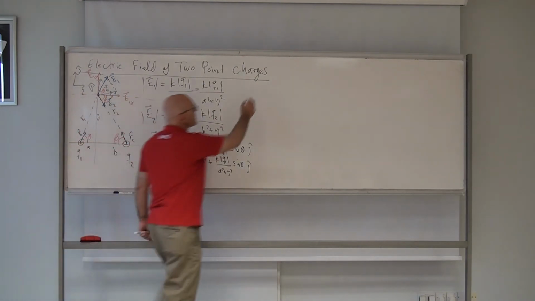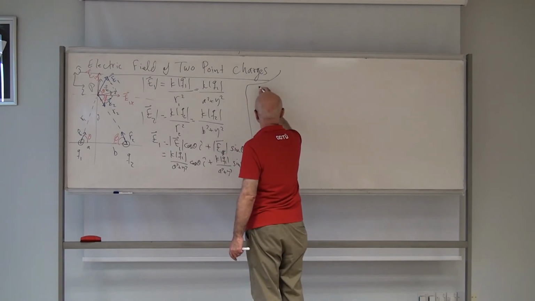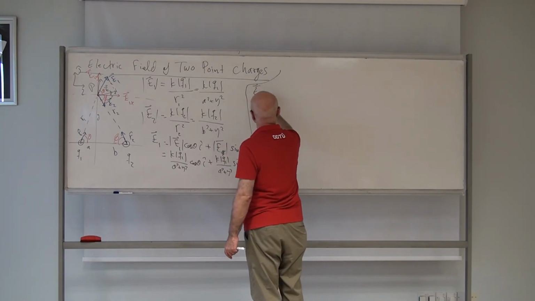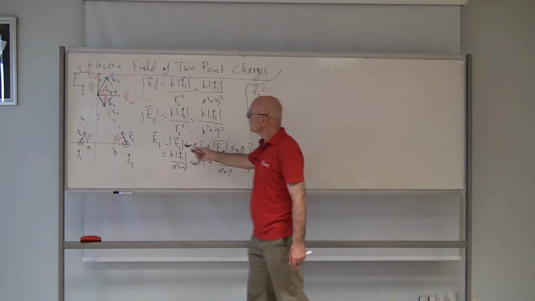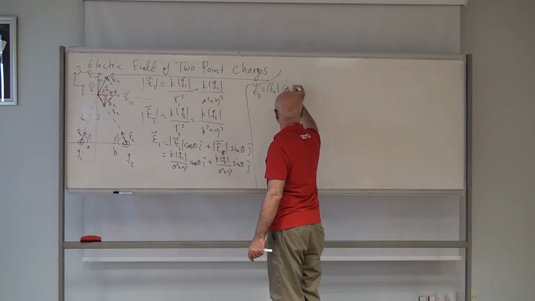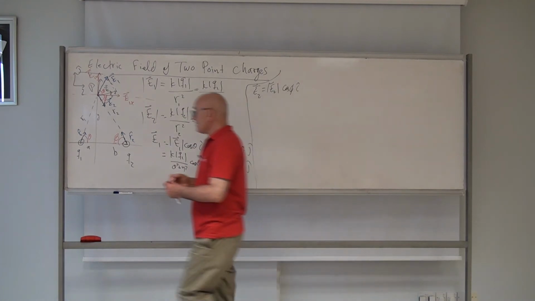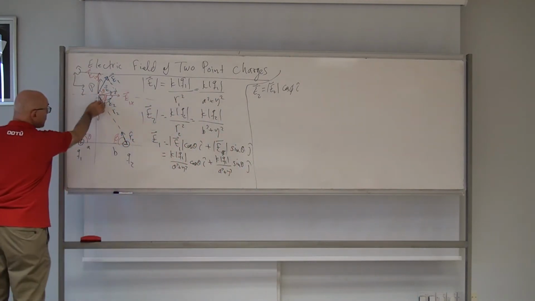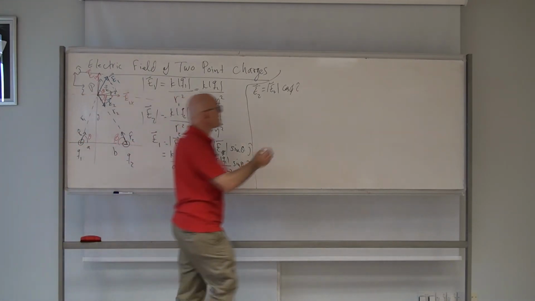Now, in exactly the same manner, I write down E2. E2 will be E2 cosine phi i hat. However, when it comes to the y component of E2, note that it is pointing downwards, which is E2 sine phi. It's pointing downwards, so I put this minus sign by hand.